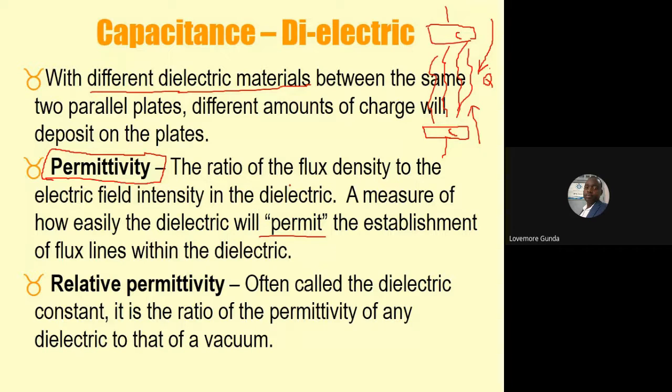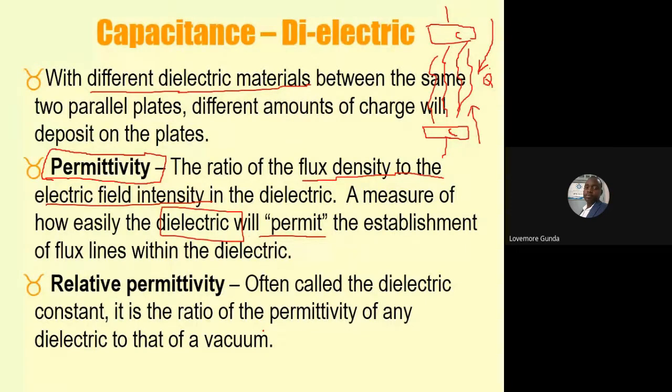It is also the ratio of flux density to the electric field intensity in the dielectric. So you can describe it in two ways. It's a measure of how easy you can establish flux lines in a dielectric, or the ratio of the flux density to the electric field intensity in a dielectric.